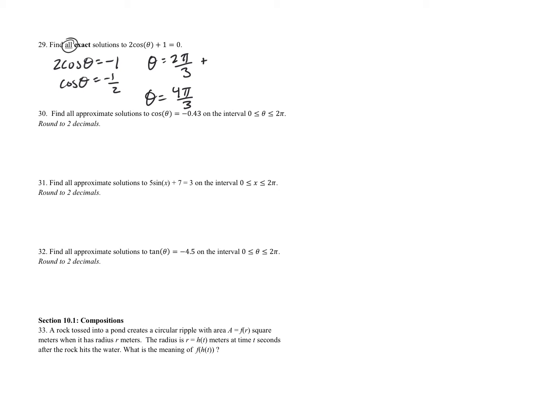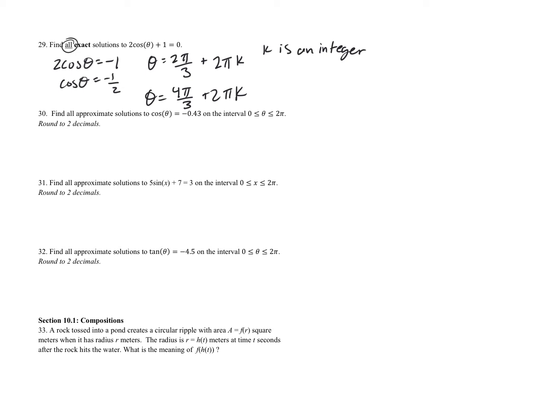To account for all of those other cases, we'll say plus 2 pi k, where k is an integer. And since integers can be negative, that includes the subtracting 2 pi cases as well. So those will be all of our answers there.